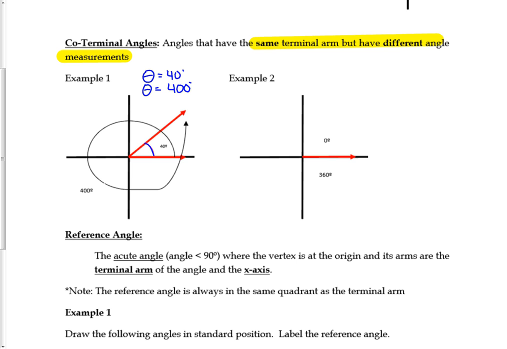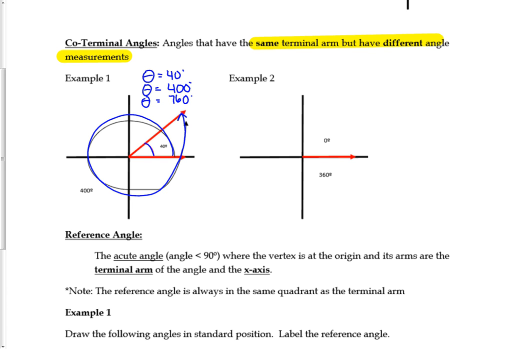Notice here's 40. If I wanted to go 400 degrees, I'd have to go a full circle around, 360 plus 40 more. 360 plus 40. Okay. Another coterminal angle would be if we went twice around plus 40 more. So 720 plus 40, 760.